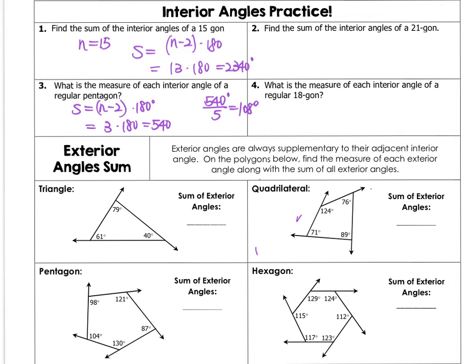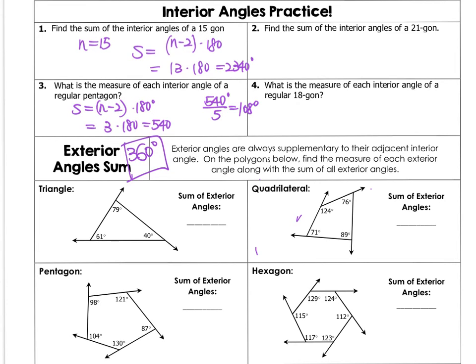So next, let's look at the exterior angle sum. Without getting into the details, this is what I want you to know, guys. It doesn't matter how many sides you have in a polygon. All the exterior angles of any polygon add up to 360 degrees. If you want to prove that, you can look at the examples below.